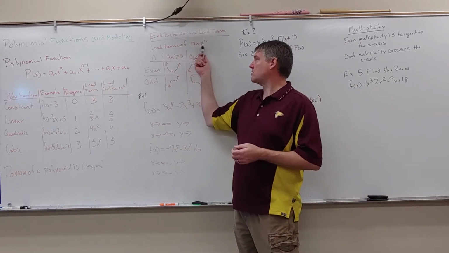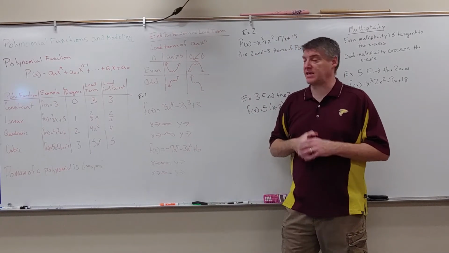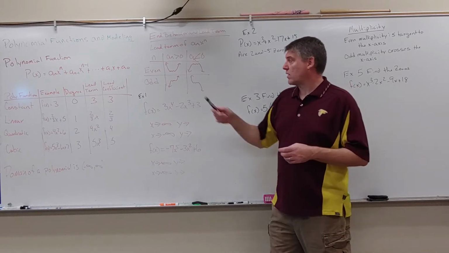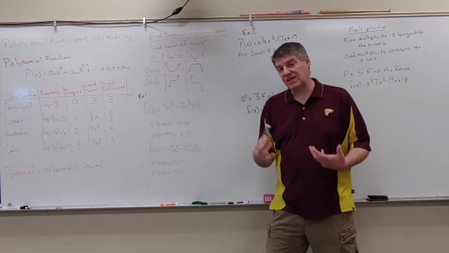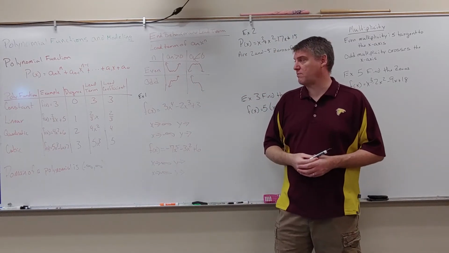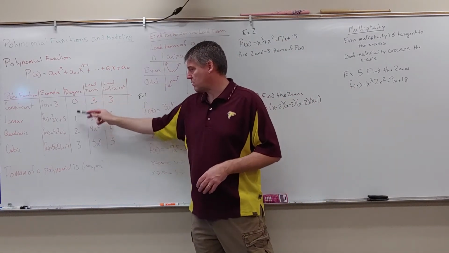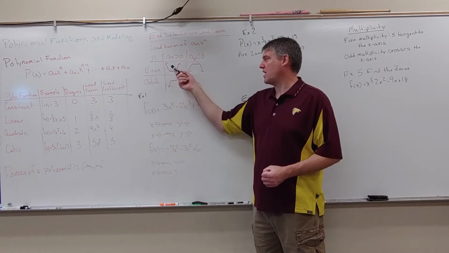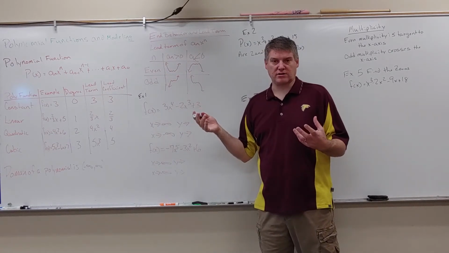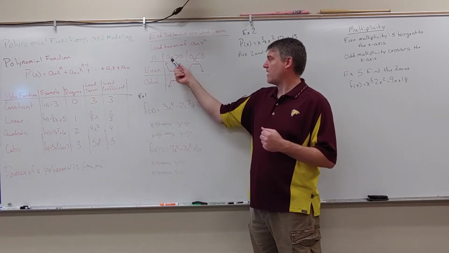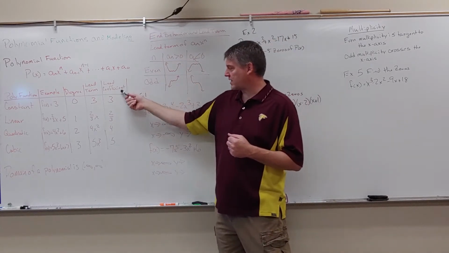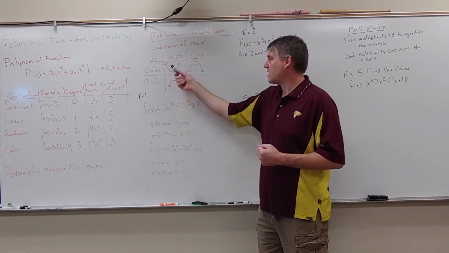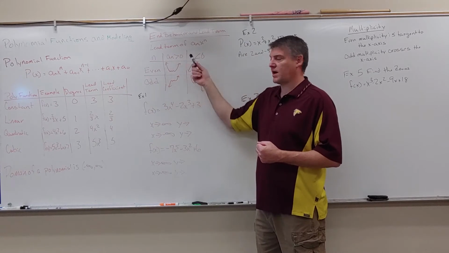So remember our lead term is a sub n x to the nth power, okay? So if it's an even power, if my degree is even, my end behavior is going to go in the same direction. So if a sub n is positive, so if my lead coefficient is positive, I'm going to end up going up and up.